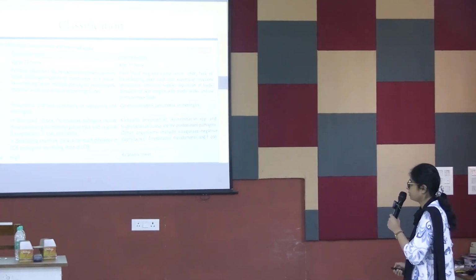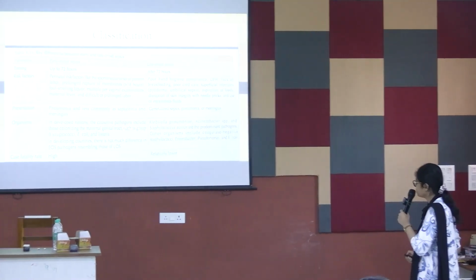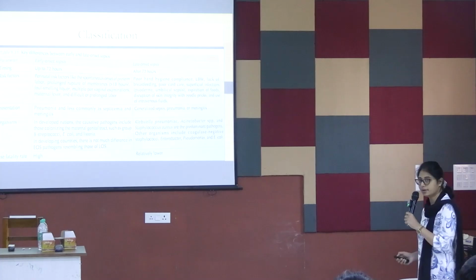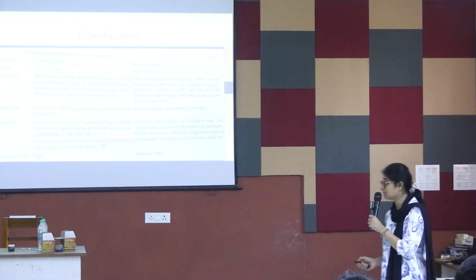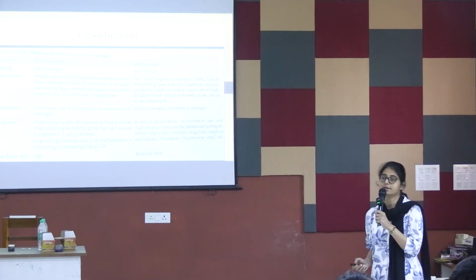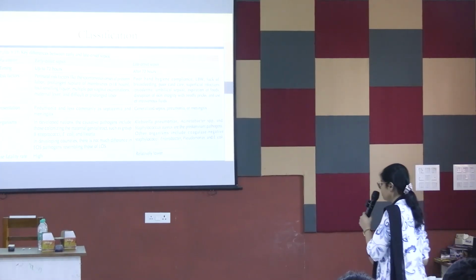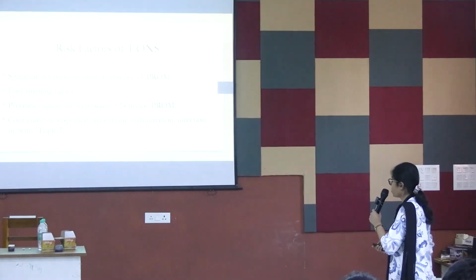In developing countries we have Klebsiella pneumoniae, Acinetobacter species, Staph aureus. Of course the case fatality rate, meaning the mortality rate, is highest in early onset neonatal sepsis compared to late onset. We will discuss this sepsis in the subsequent slides also.